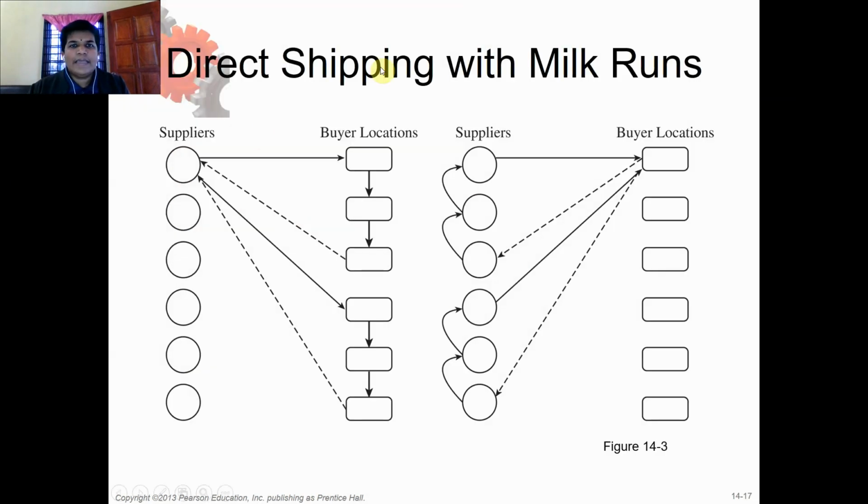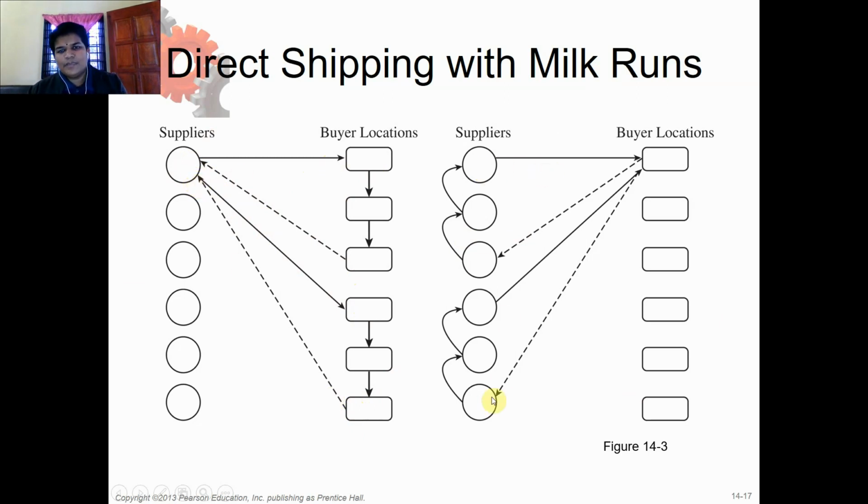Here is direct shipping with milk run. When you look at this figure, you see the supplier sends to the buyer location, and from the buyer location it goes to the supplier.